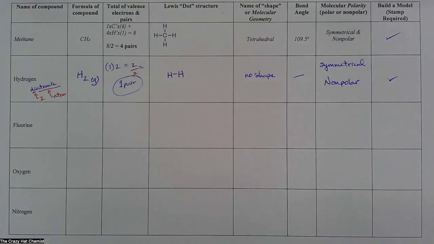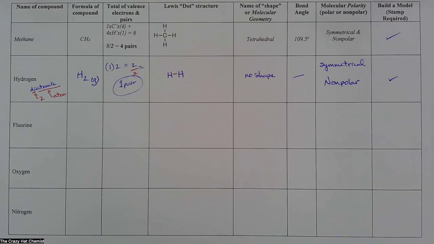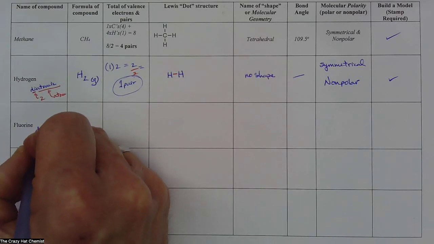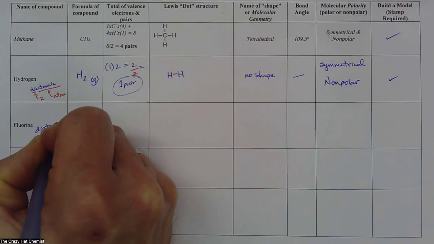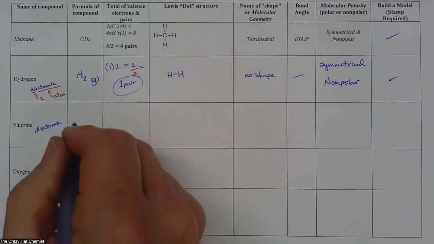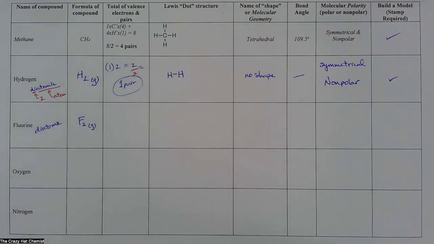All right, so let's continue on with the next one. The next one is fluorine, and fluorine is also a diatomic. You're going to see that continuous theme throughout this worksheet. Fluorine is F2. It is also a gas, not that that's necessary on this worksheet. It is the most reactive non-metal element.